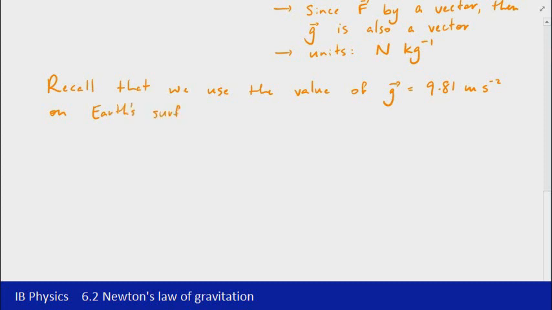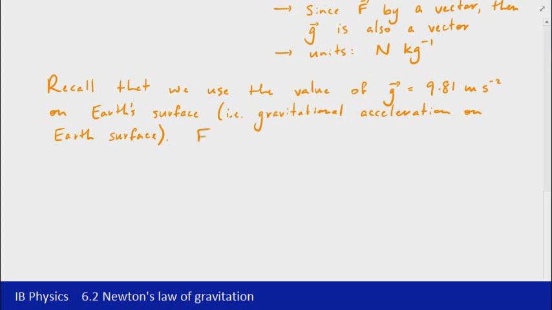What that really means is that it's the gravitational acceleration on Earth's surface. It's really important to note that this reference point is only specific to Earth's surface. If we were to go higher than Earth's surface, that value of g will no longer be 9.81. It will change, and the way that it changes we'll have a look at in videos to come.